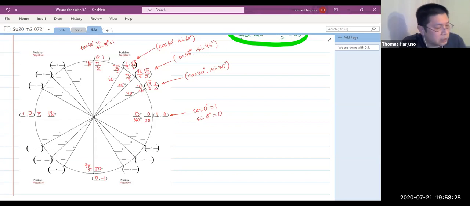Tomorrow, later, we will extend this to quadrant 2, quadrant 3, and quadrant 4.